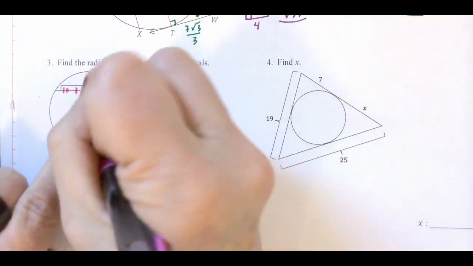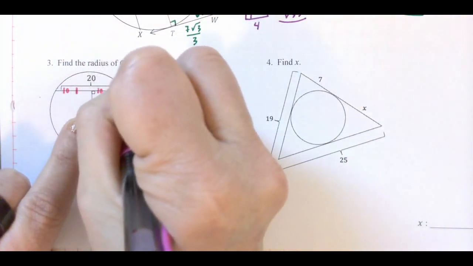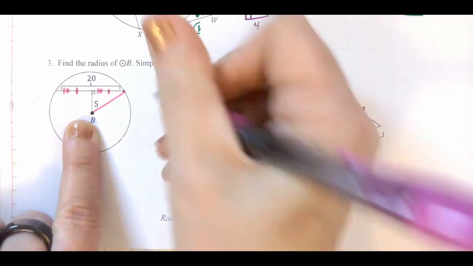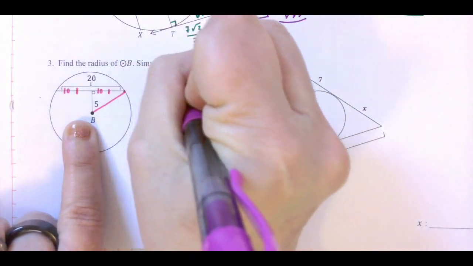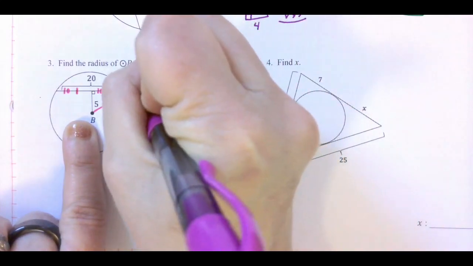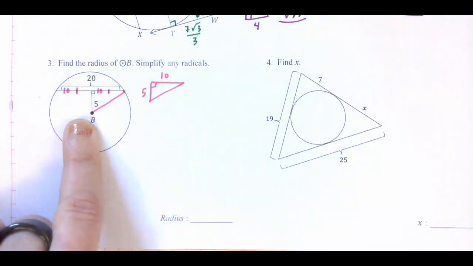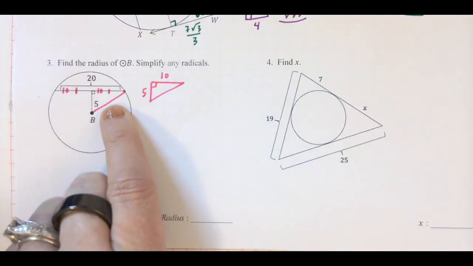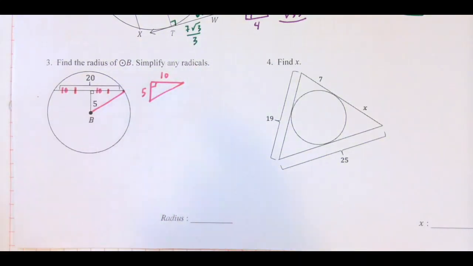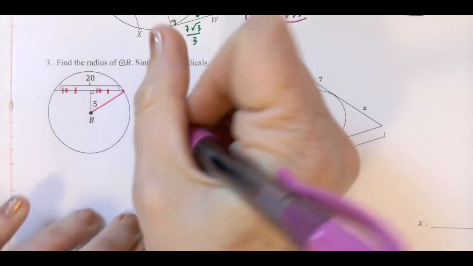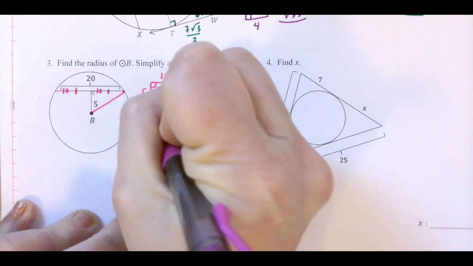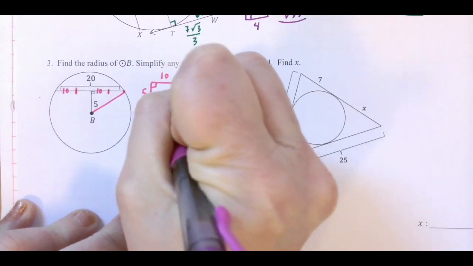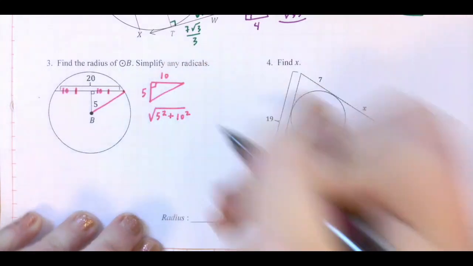Okay, and if I connect point B to the circle right here, I've really just made it a right triangle, where this is 5 and this is 10. The radius is the hypotenuse of that triangle. So again, I can go back to Pythagorean theorem, where I can use my shortcut, where it's the square root of 5 squared, a leg squared, plus the other leg squared.